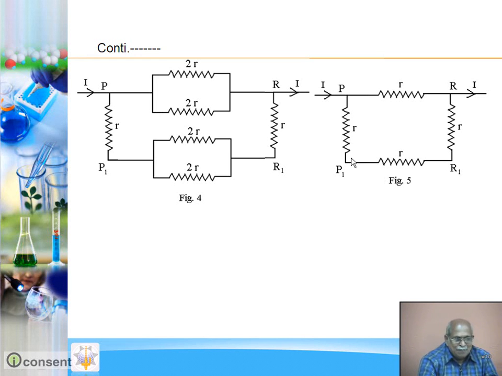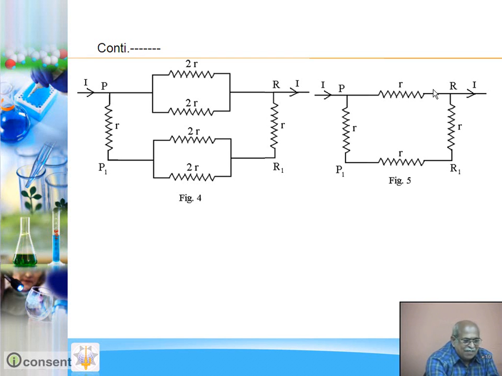Last step. In figure 5, they are in series. So total resistance of this branch is R plus R plus R, 3R. And that 3R is in parallel with this R.